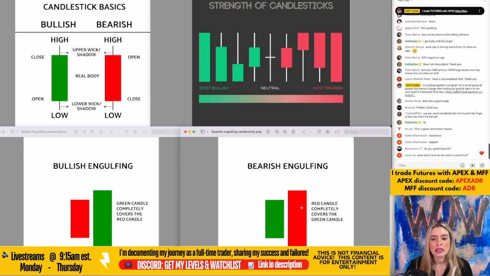So let's say you have a bullish engulfing candle. Most of the time the market is gonna change direction to that side, so it's gonna start moving bullish to the upside. It's a change of direction there.